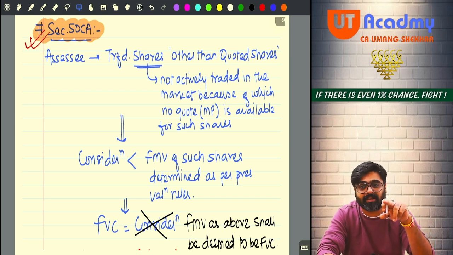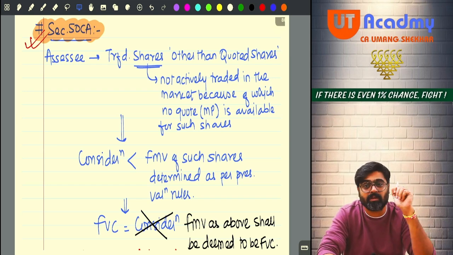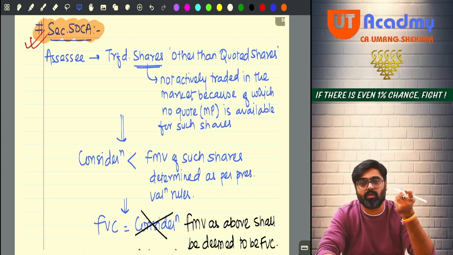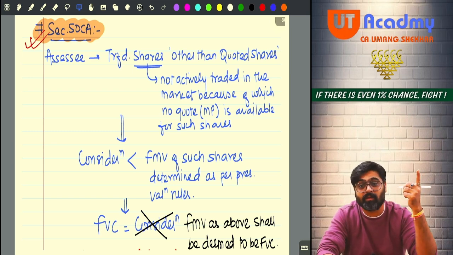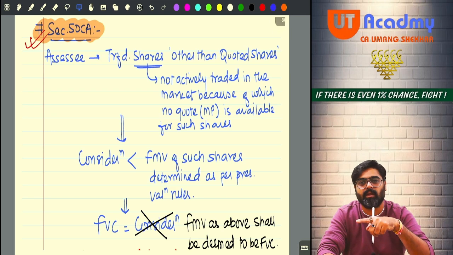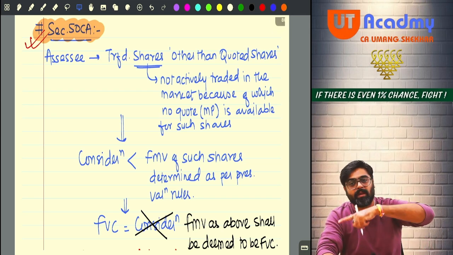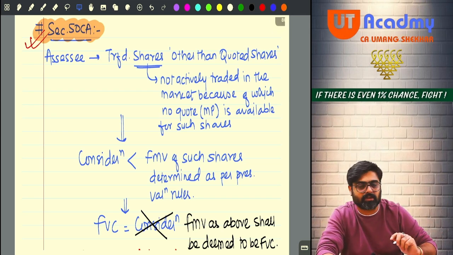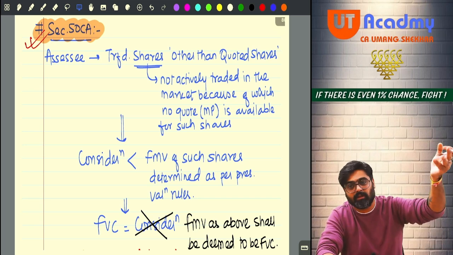I cannot say such things for those shares for which the market quote is available, because the moment I try to lie, I will be caught red-handedly. They will go into the market and check: okay, you sold on this date, the opening price and closing price of these shares on this date is available in the market.